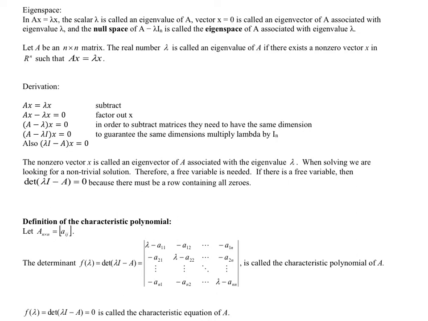But that gives us what's known as the characteristic equation of A, and that's how we're going to be able to solve for the particular eigenvalues. All right? And then once we have the eigenvalues, we can determine the eigenvectors. All right? So it's really just this relationship.